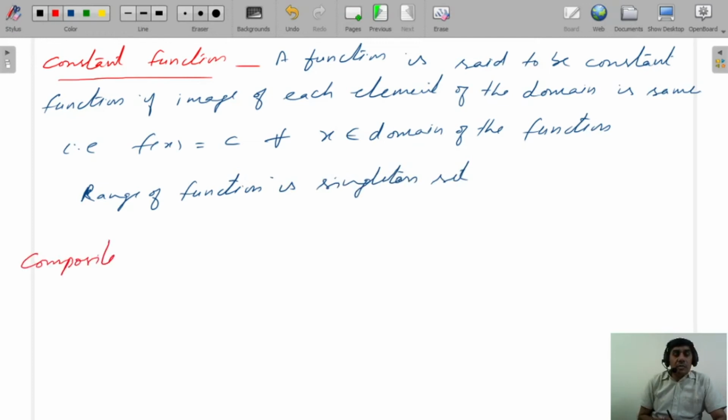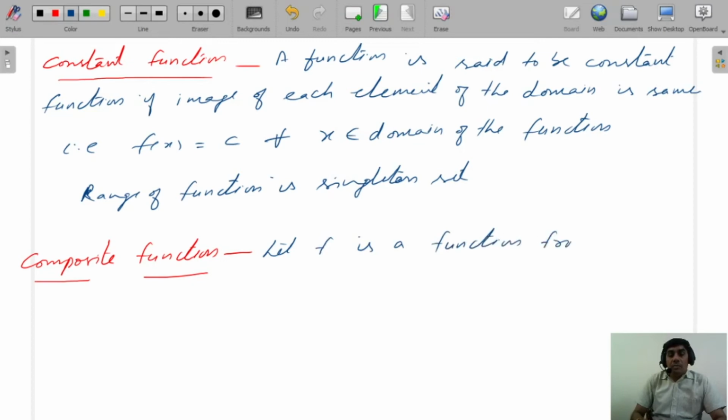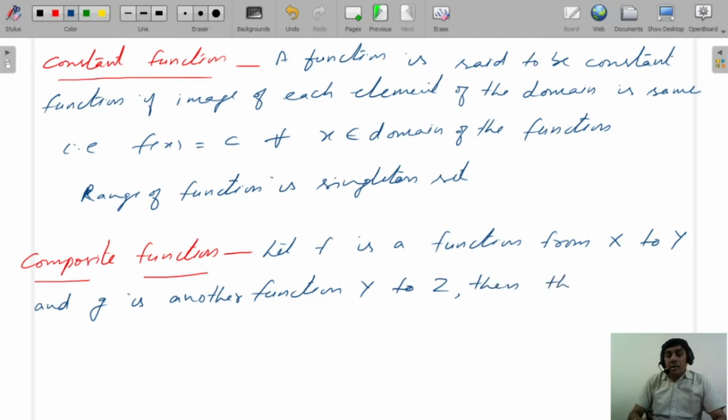Composite function. Let f be a function from X to Y and g is another function from Y to Z, then their composition g of f is defined.